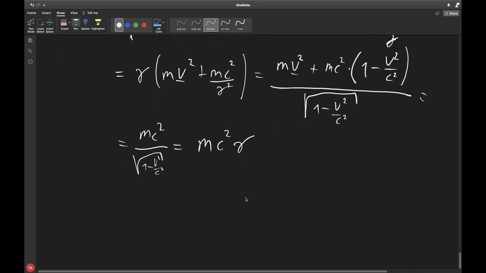This is something which probably looks familiar. In the special case, and I should really stress this, it is only a special case, if the velocity is 0, then we get that gamma is 1.